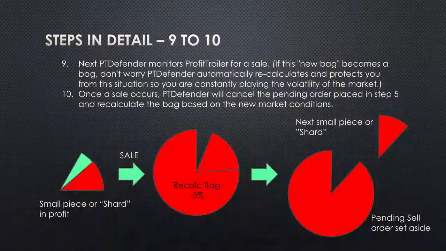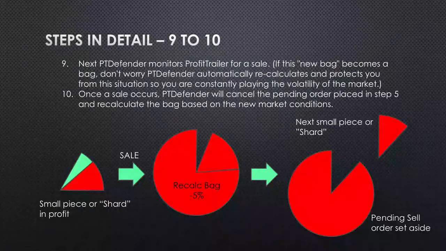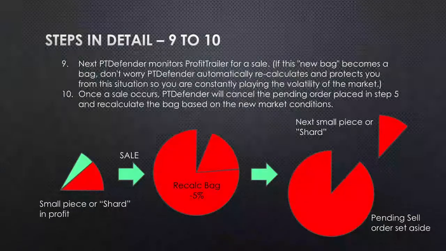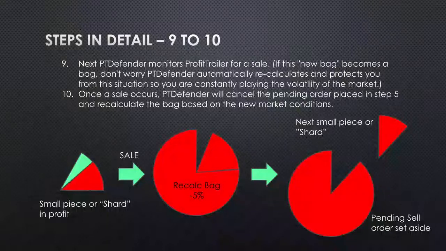Step 9, next, PT Defender monitors Profit Trailer for a sale. Well, excuse me, that's going to have to be changed. As of today, we're testing for an external API. So basically, it's not going to use Profit Trailer's API. And one great addition that is being made, if not already in there by the time you see this video, is you'll be able to reset your bought cost price.